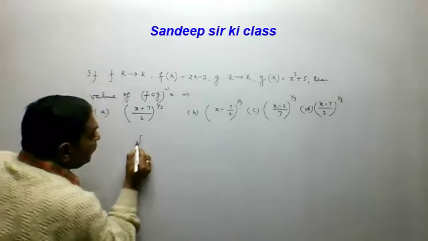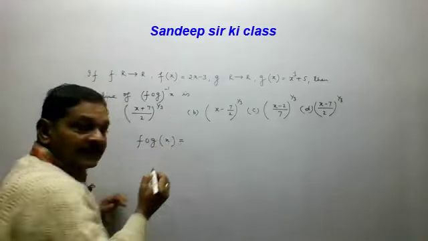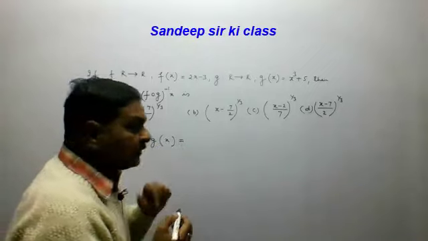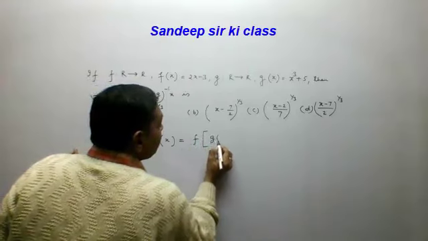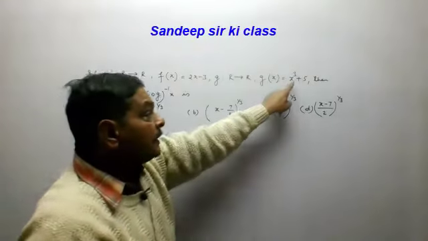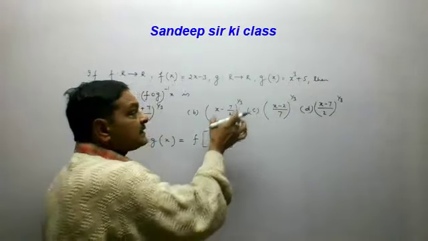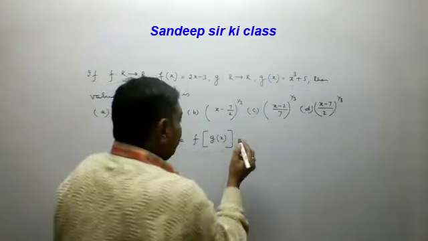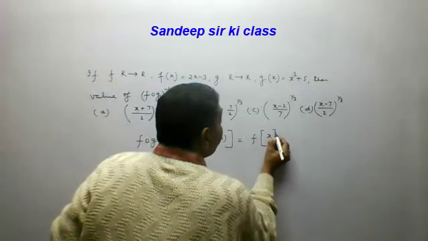So we know that fog of x, as per definition of composite function, is f of g(x). Now g(x) we know is x cube plus 5. So I can write in place of g(x) as x cube plus 5. So it becomes f of (x cube plus 5).